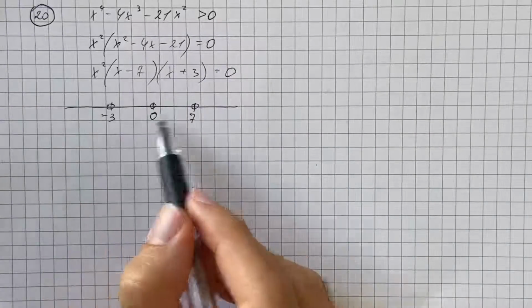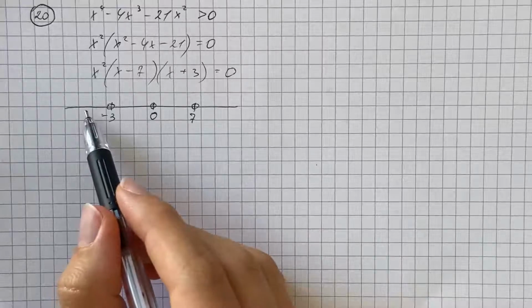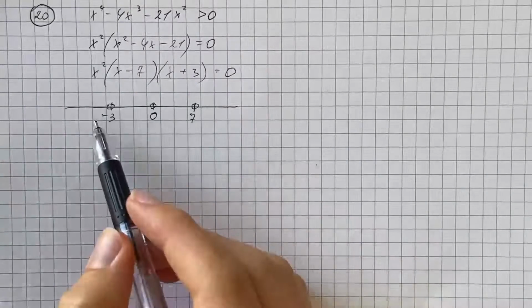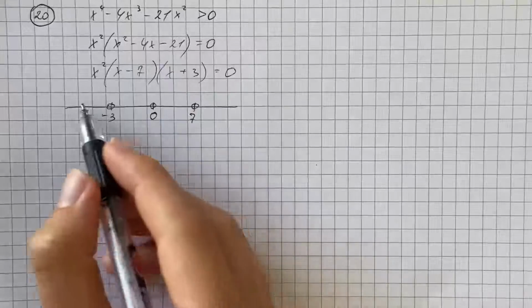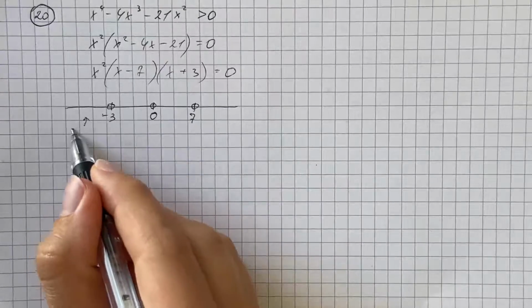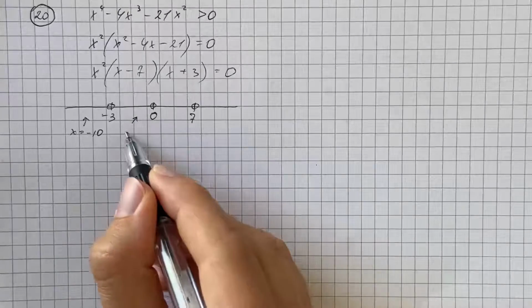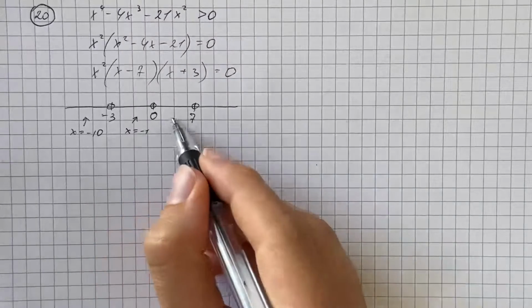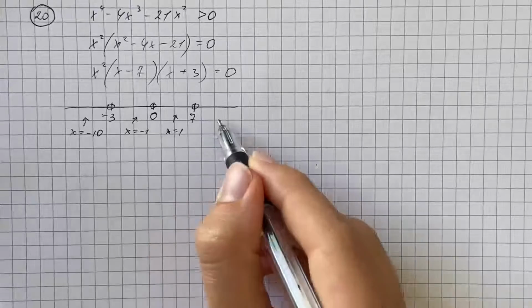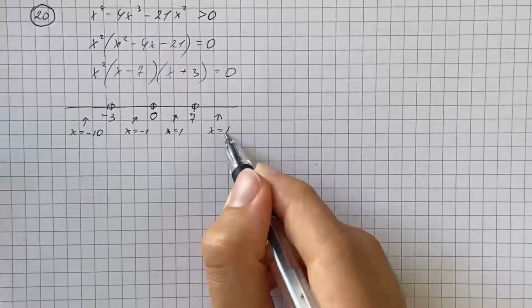So now we have 4 intervals, and we're going to pick a number from each interval and test it on our inequality. Here we're going to use x equals -10, here it's x equals -1, then x equals 1, and then x equals 10.